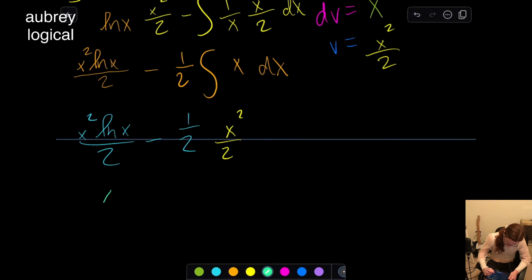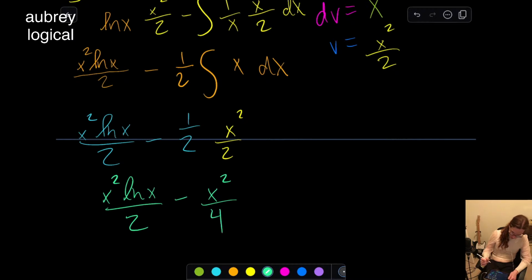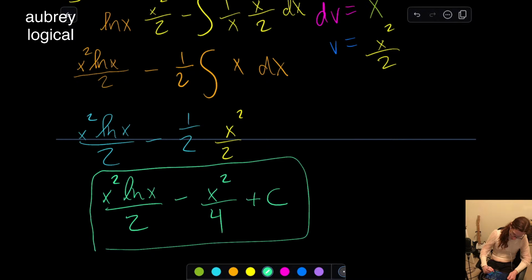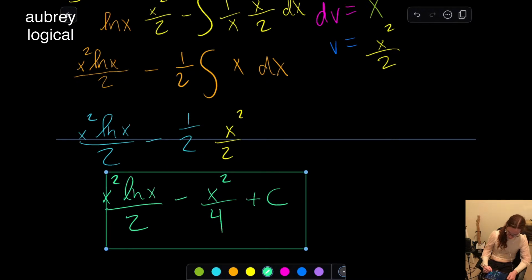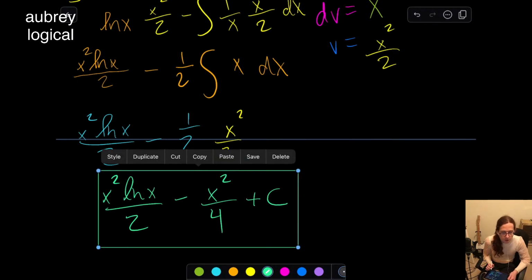Let's see here. x squared over 2 minus... and I was correct. I was correct. All right.